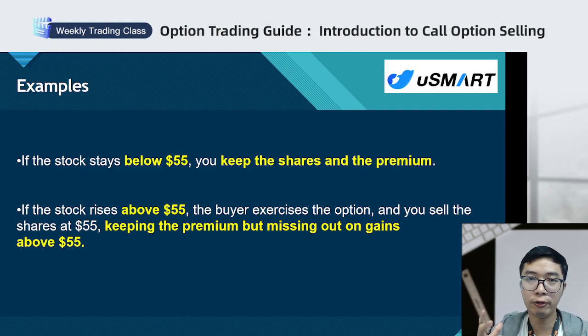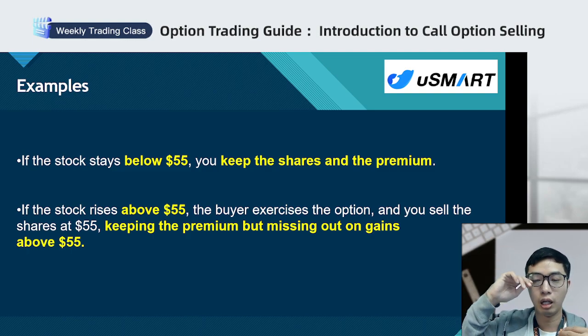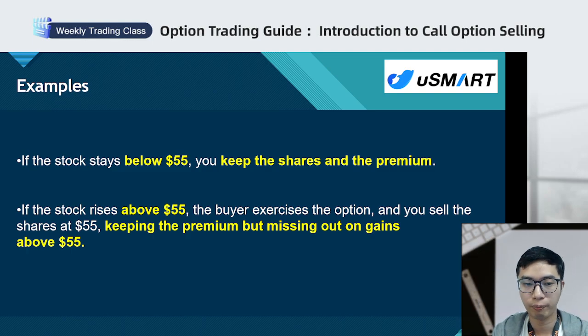And if the price rises above $55, the buyers will exercise the options, because call buyers will exercise the option when the price moves above the strike price. And as a call seller, you have the obligation to sell to them.